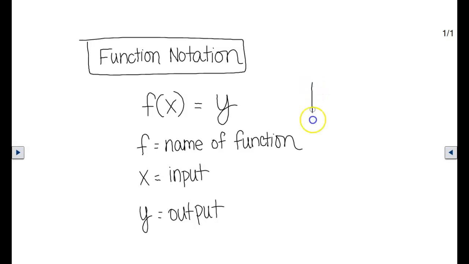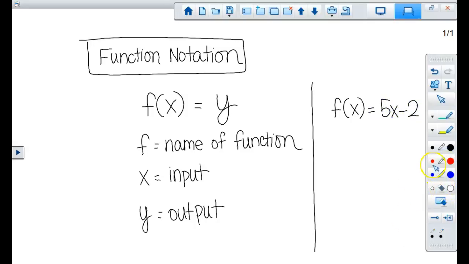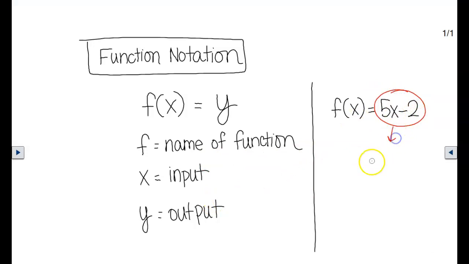Now, we have also seen this get more specific. So instead of f of x is equal to y, we have also seen function rules, where we could have something like f of x is equal to 5x minus 2. So when we see this, we know that the f is still the name, the x is still the input, but now this 5x minus 2 is our function rule. It tells me how the output is going to be produced.